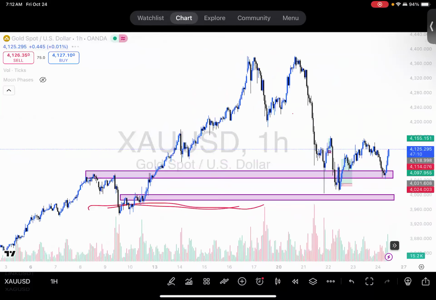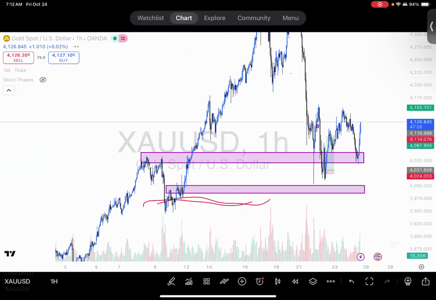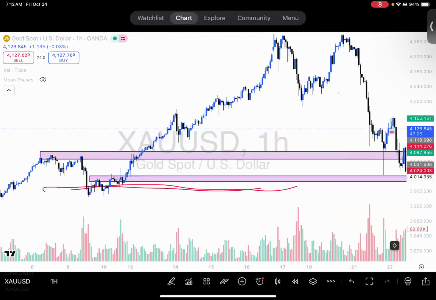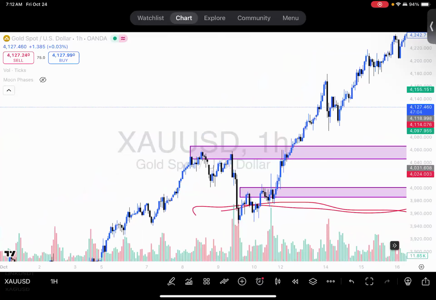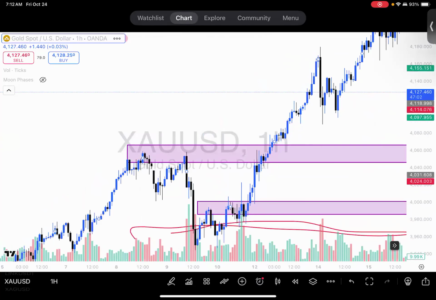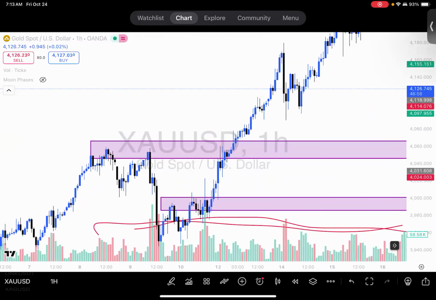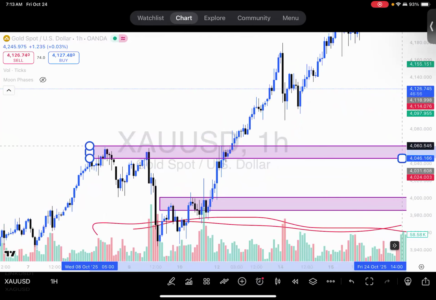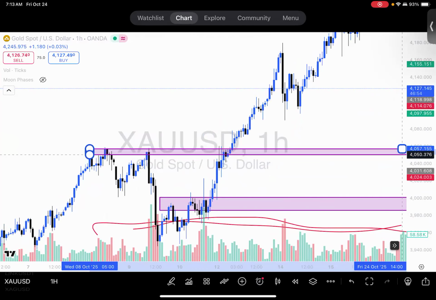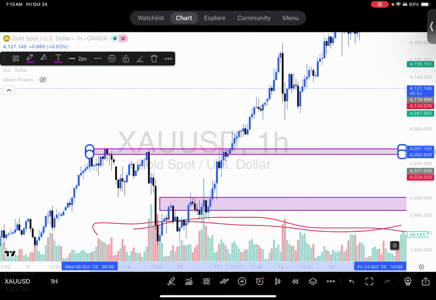We want to find a candle where the market should react off of, or that we see the market could potentially react off of. We don't want a huge candle, but we want a candle at these peaks of the support. The candle that I would have chosen is this candle right here.